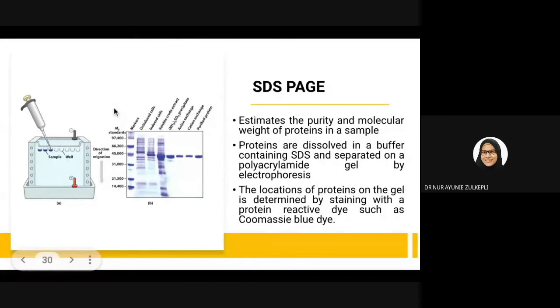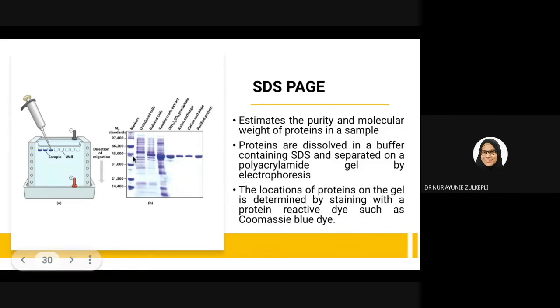Initially, protein is dissolved in a buffer containing SDS, and it is separated on a polyacrylamide gel by electrophoresis. The locations of proteins on the gel are determined by staining with Coomassie blue. So you will see the blue staining here.